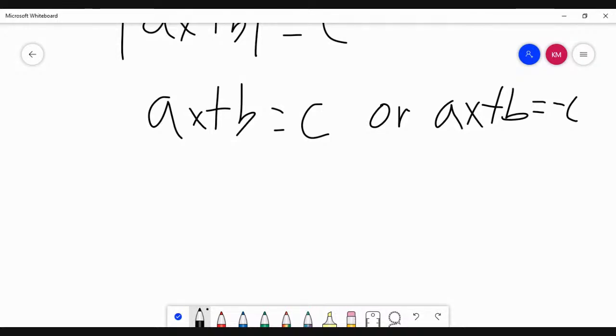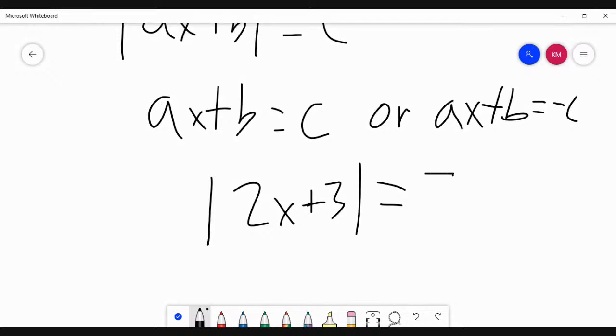Say, for instance, you have the absolute value of 2x plus 3 equals 7.